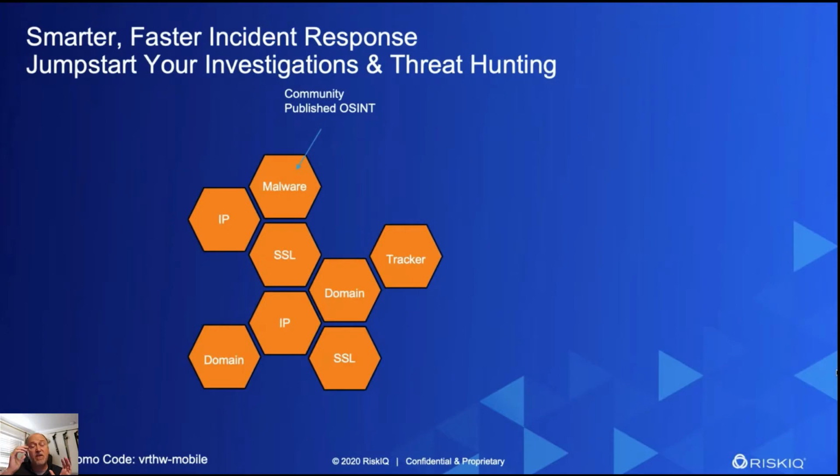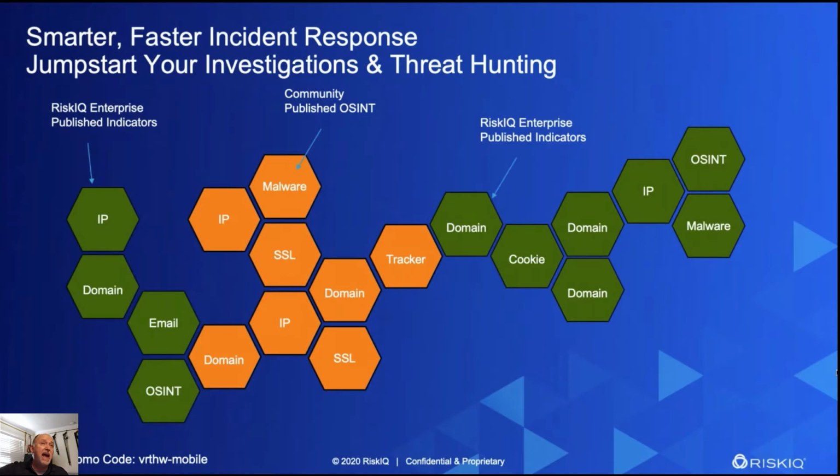If the published open source intelligence didn't have a full picture of what was happening, or things have changed since the publication, we're able to add these indicators, and these are available to the paid users. We call these enterprise published indicators. They give you the capability of seeing the full extent of what's there without having to do that work yourself, so it completely jumpstarts your investigation.